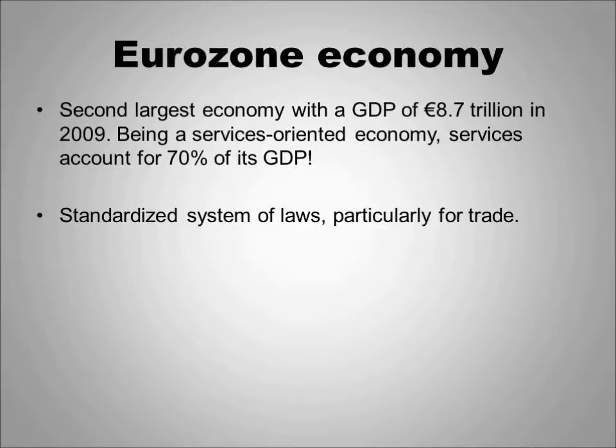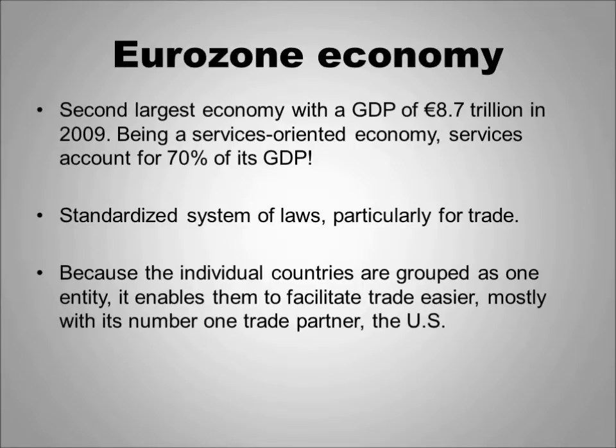group of countries that have relinquished a small portion of their sovereignty in order to create a super society where many citizens can benefit. So that's the whole point of the European Union. And also, because the individual countries are grouped as one entity, it enables them to facilitate trade easier, mostly with its number one trade partner, which is the United States.